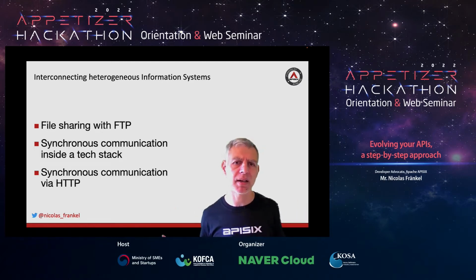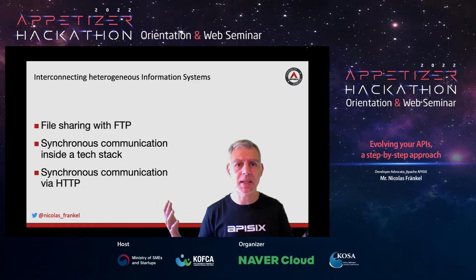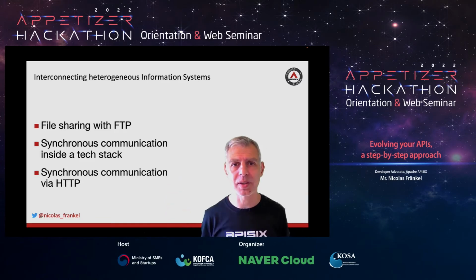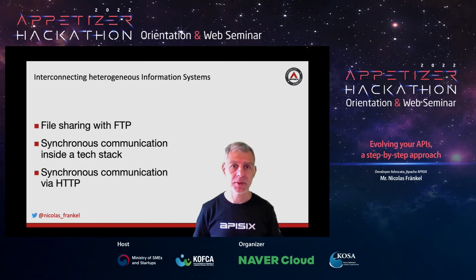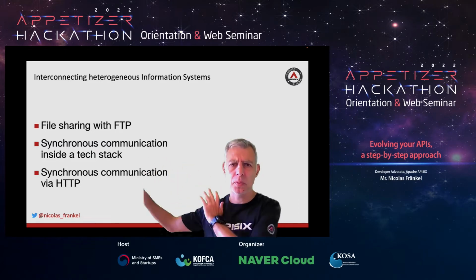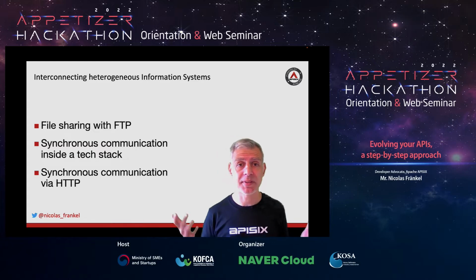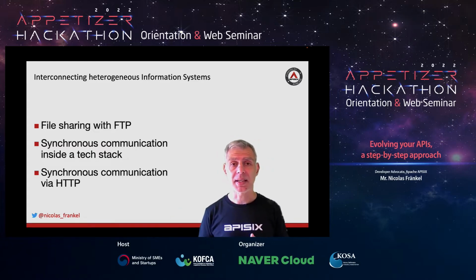Like in Java, before you had CORBA, then you had EJBs, whatever. That's nice. But not all organizations use Java. So you would have Java companies, .NET companies, Ruby, Python, whatever. But they need to communicate somehow, even if they don't have the same tech stack.